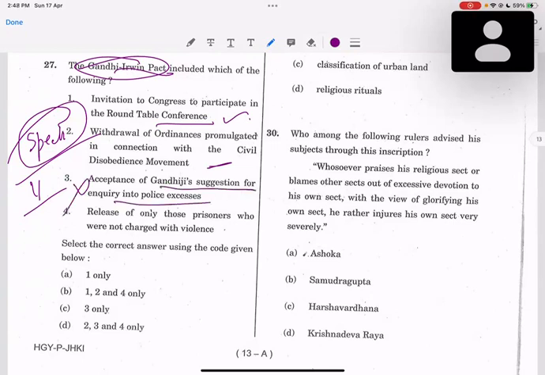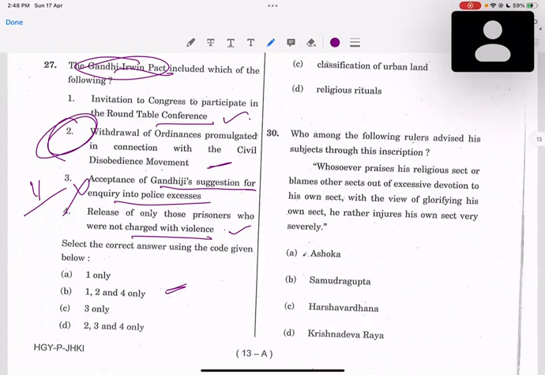No, it was not; it was refused by Irwin. Release of only those prisoners who were not charged with violence. Yes. So 1 and 4 are definitely correct, but we are not sure about the second option because it's not mentioned in the Spectrum, and it is a bit controversial.